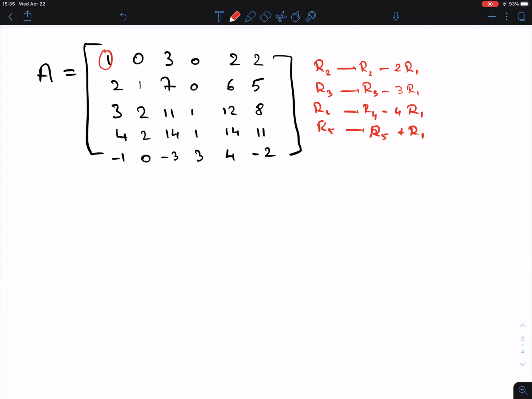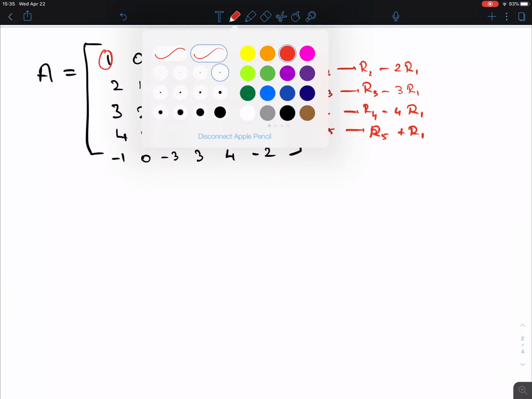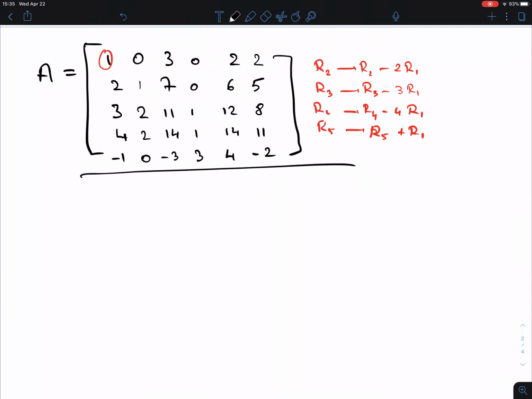I wanted to do an example with a bit more rows because sometimes it's not clear what. Okay, so we get 1, 0, 3, 0, 2, 2, 0. So minus 2, we're doing this minus 2, right? So 0, 1, 1, 0, 2, 1. This is 0.